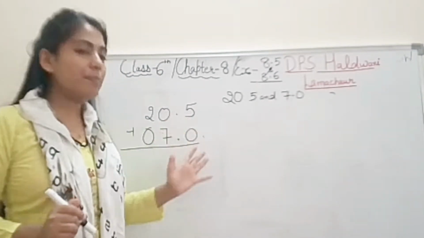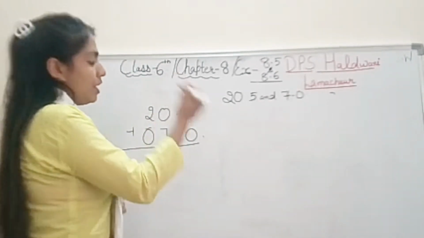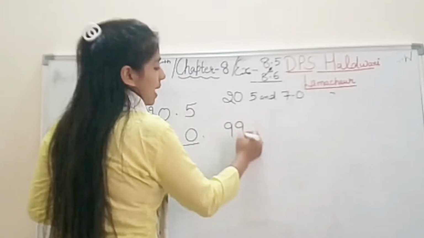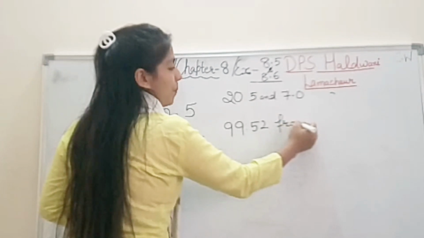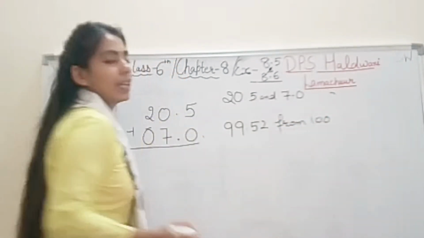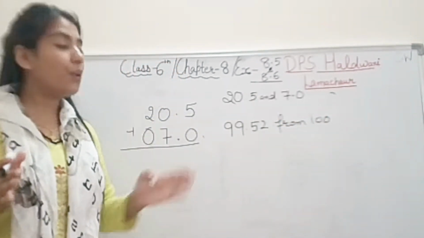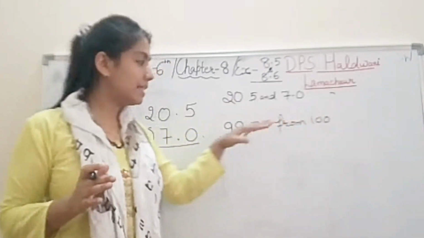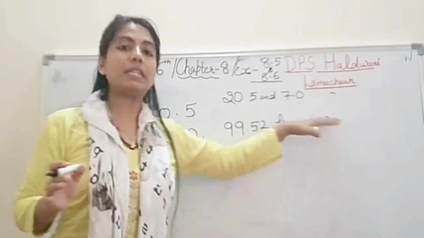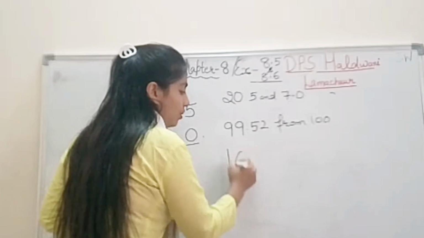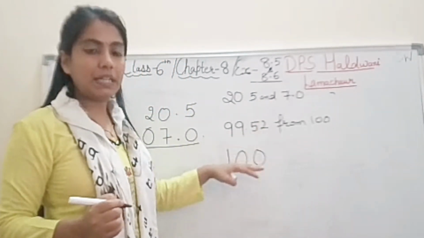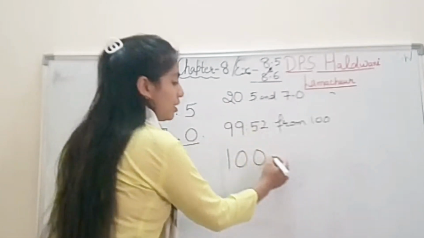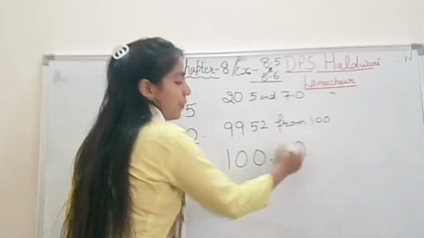In the same manner, if the question is subtraction, say you have to subtract 99.52 from 100, this term you will subtract from this term. So first of all you will write 100, and in 100 there is no decimal part, so you will put the decimal by your own.